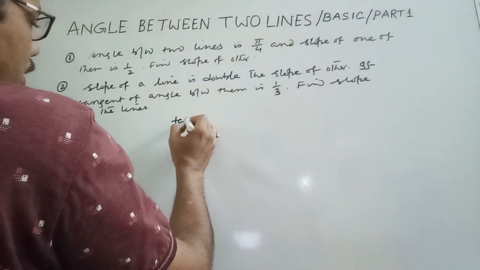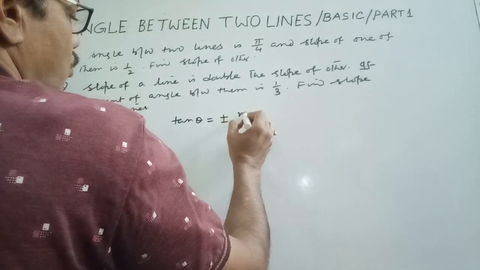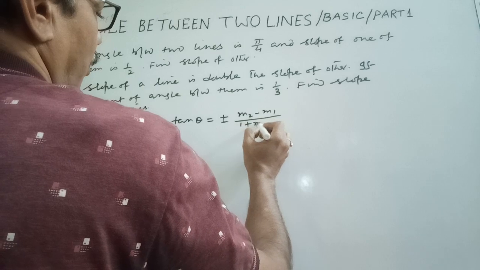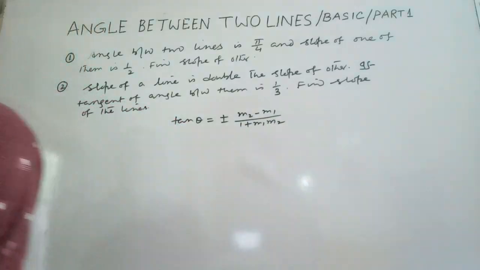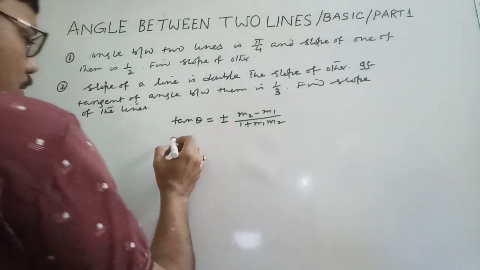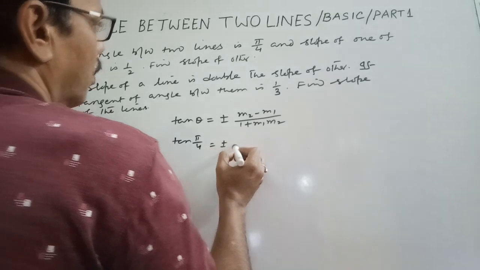So we know tan theta equals plus minus (m2 minus m1) by (1 plus m1 m2), or you can take mod. So tan pi by 4, what is theta? Theta is pi by 4, plus minus.